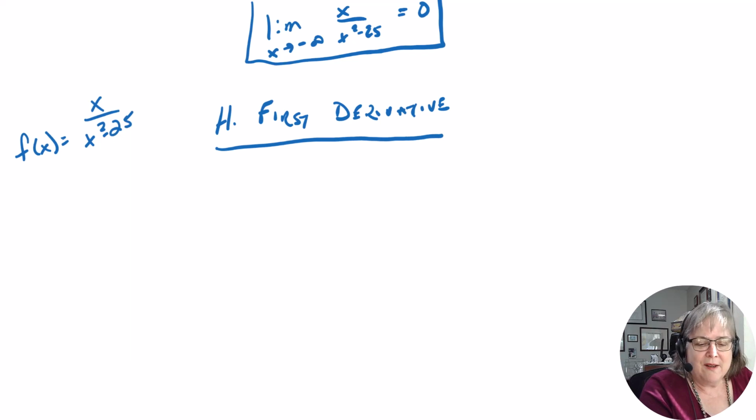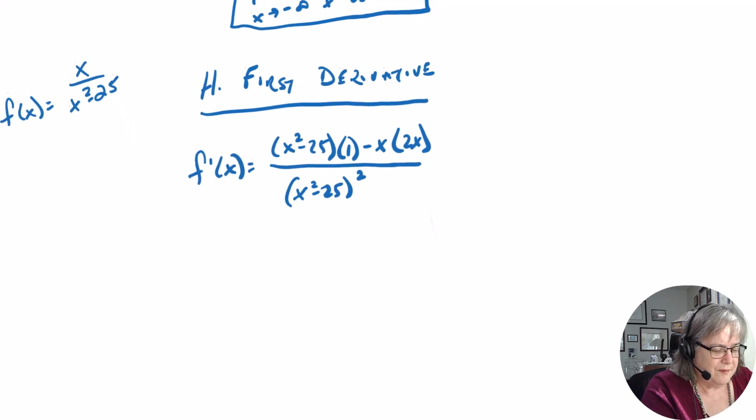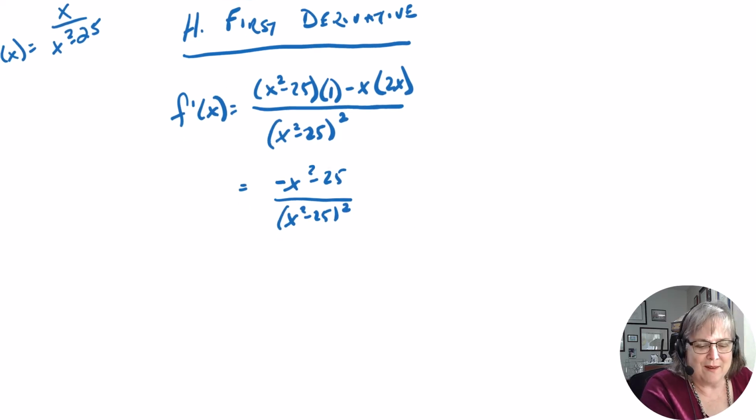All right. So to do the derivative, it's the bottom times the derivative of the top minus the top times the derivative of the bottom, over the bottom squared. Okay. So when you clean this up, you get minus x squared plus 25 over x squared minus 25 squared, which makes you feel like, oh my goodness, I can get that.